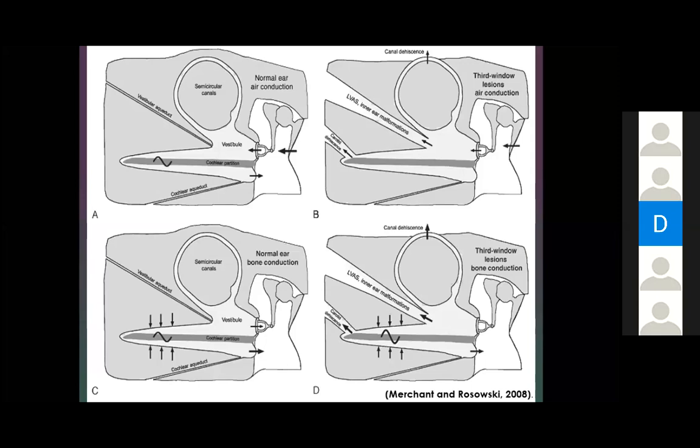Someone is asking, can you explain VEMP correlation in EVA with conductive hearing loss? VEMP is one of the tests that confirm the presence of EVA, as VEMP can be detected at a lower threshold with larger amplitude. I think they're asking what type of VEMP you're doing and how you get the results.